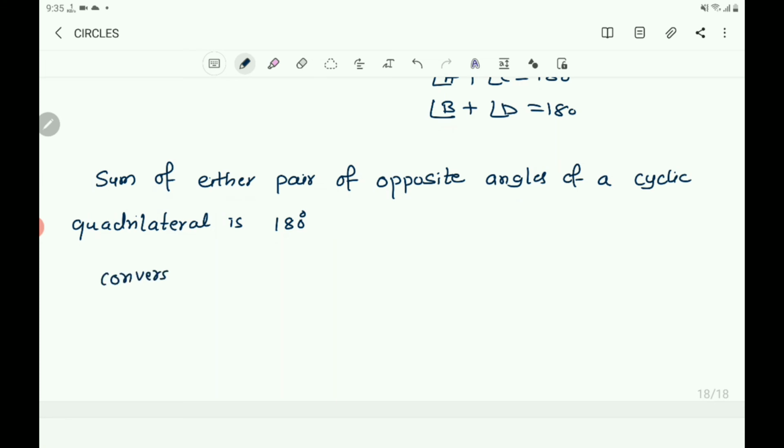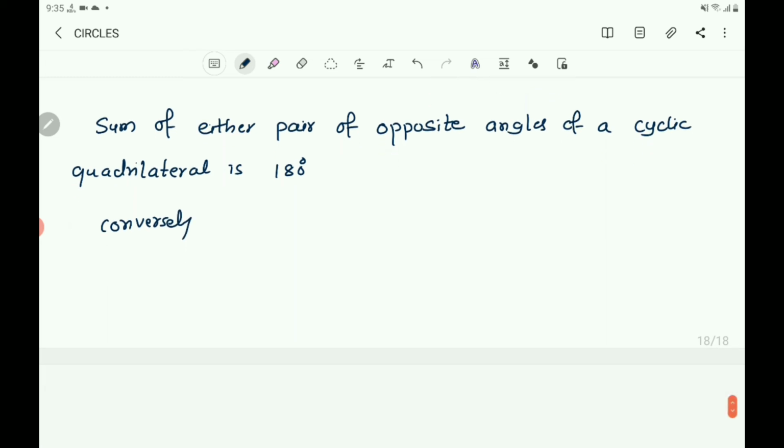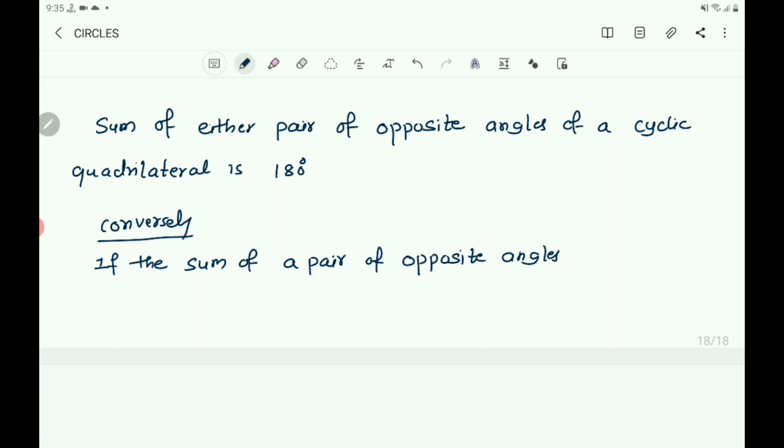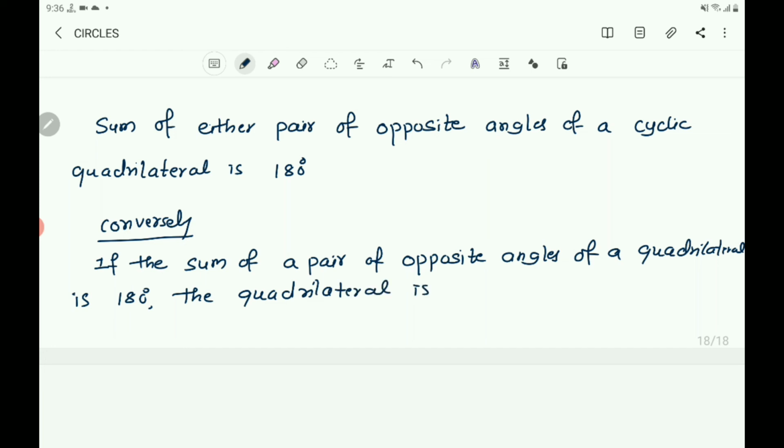Conversely, if the sum of a pair of opposite angles of a quadrilateral is 180 degrees, the quadrilateral is cyclic.